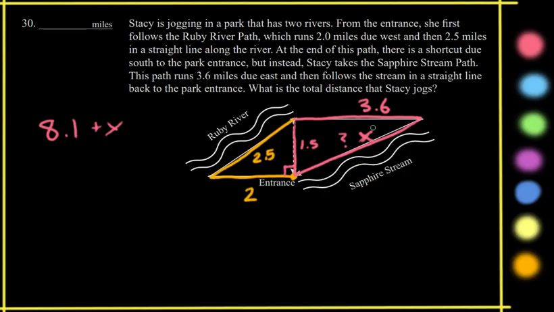Now, you could just use the Pythagorean theorem and do this squared plus this squared and take the square root to get this. And you could have done the same thing here too. You could have done this squared minus this squared, and taken the square root to get this distance, right? But recognizing that 3, 4, 5 triangle saves you a little bit of time because doing 2.5 squared, that's a little bit of a pain, right? 6.25 is 2.5 squared, and then you have to subtract 4.